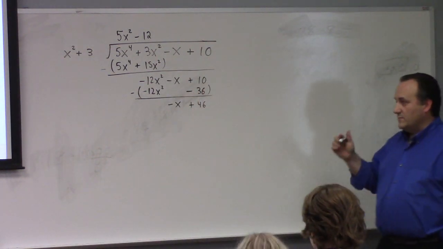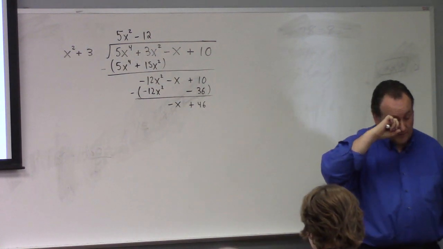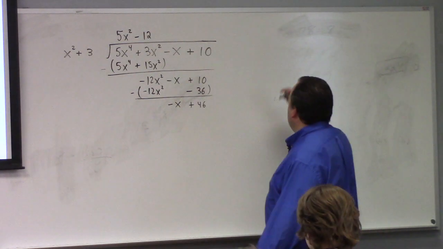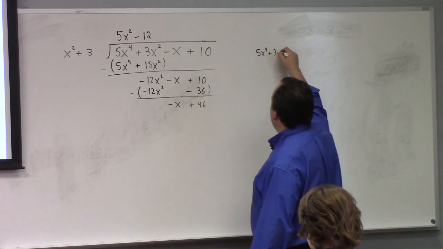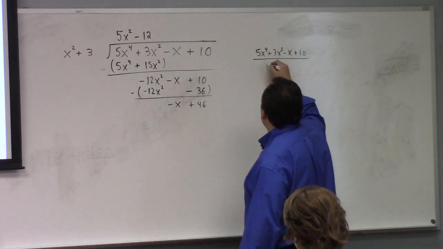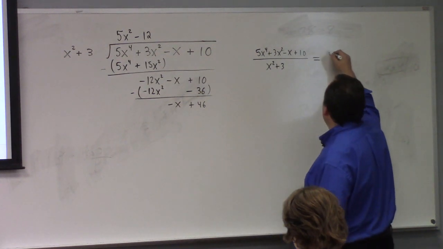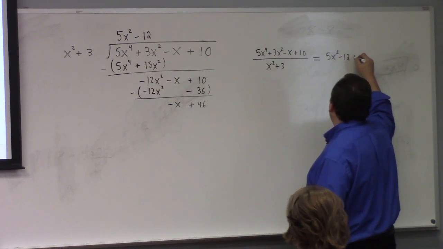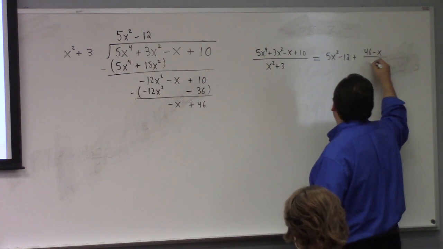That's the remainder here. Once you get to a term which has smaller degree than your dividing polynomial, then you're done. So what's this all mean? This means that 5x to the 4th plus 3x squared minus x plus 10 divided by x squared plus 3 is equal to 5x squared minus 12 plus 46 minus x divided by x squared plus 3.